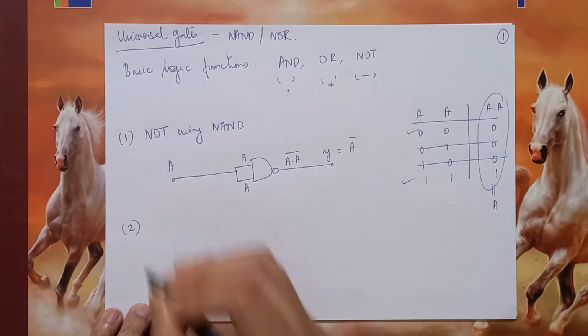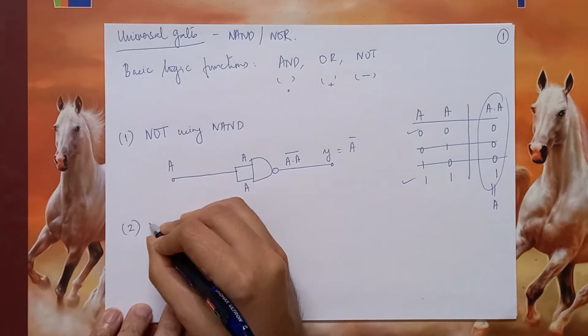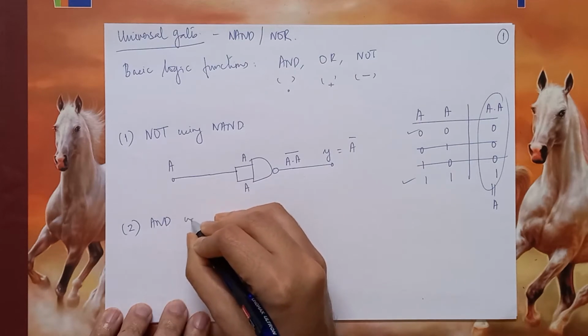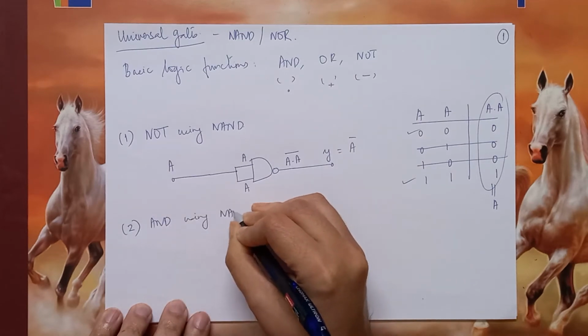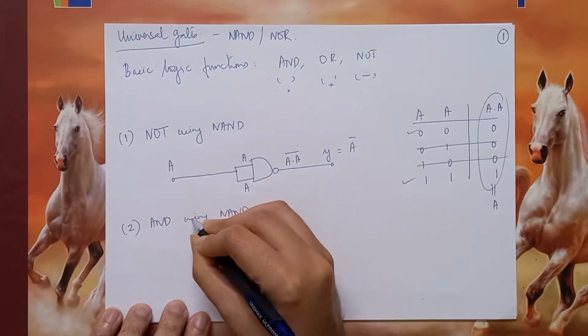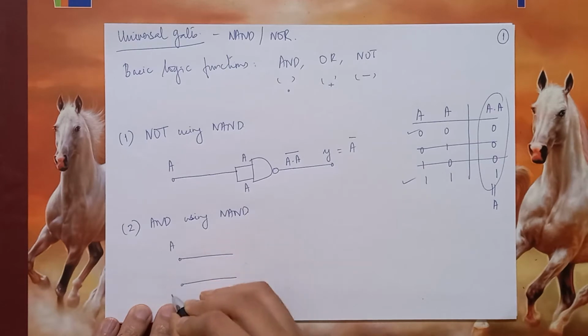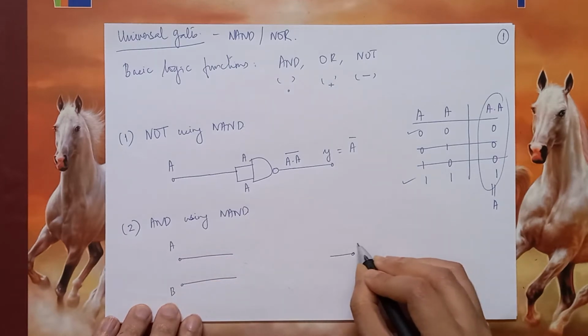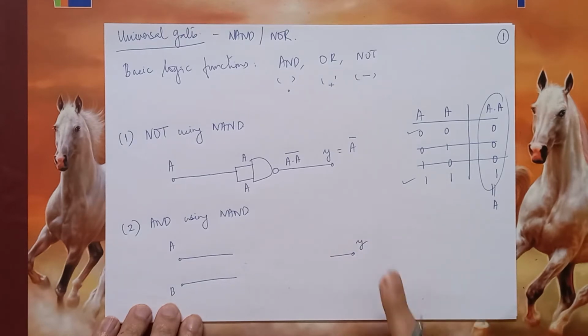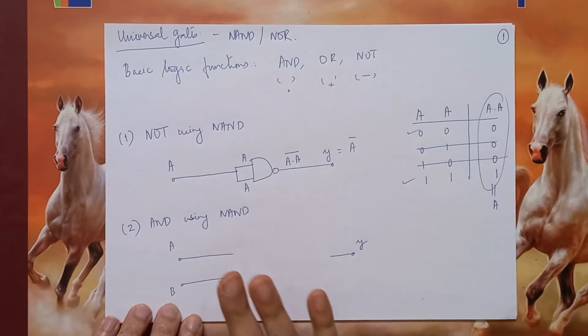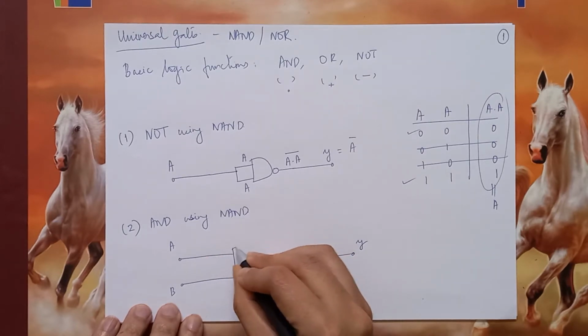Now, let us try to realize an AND gate using NAND gates. So here, we need to have two inputs, A and B. And let's suppose we want the output Y to be the AND of A and B. The simplest thing to do intuitively is to put a NAND gate over here.